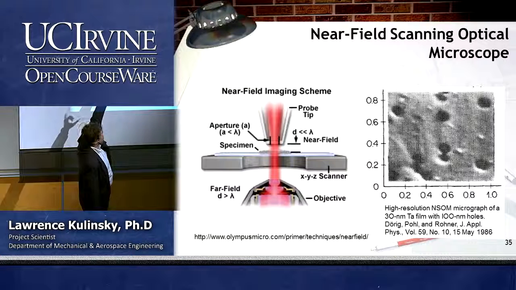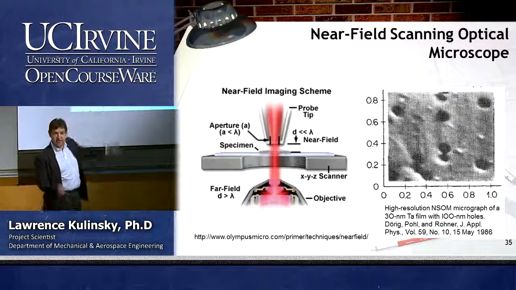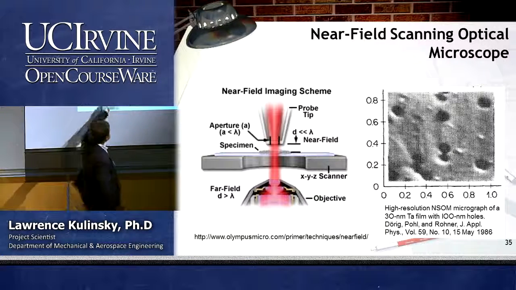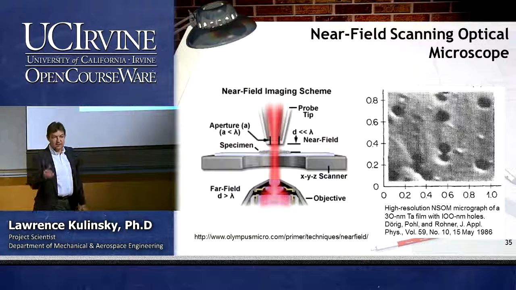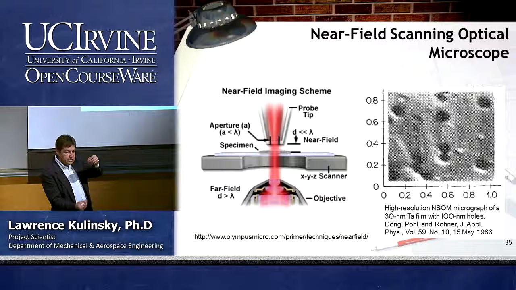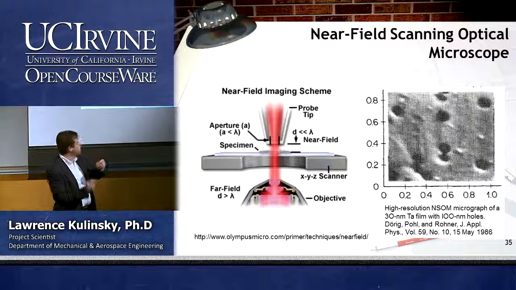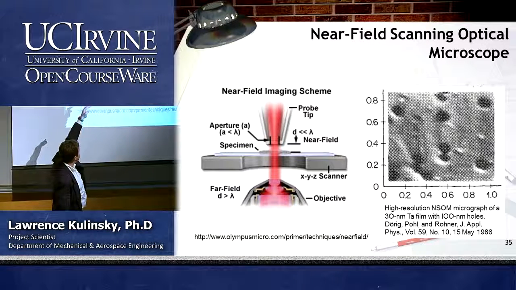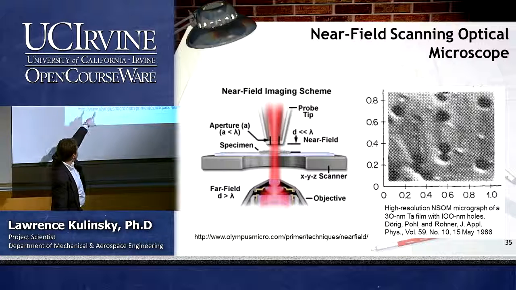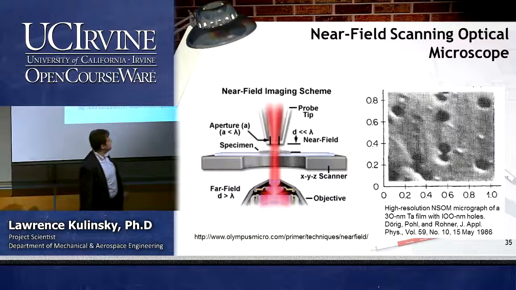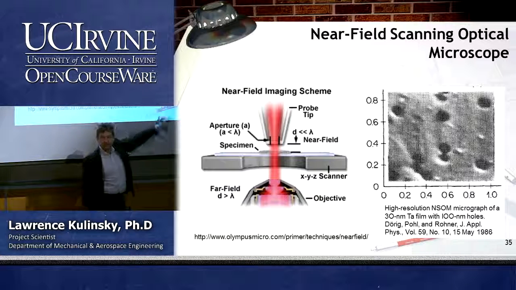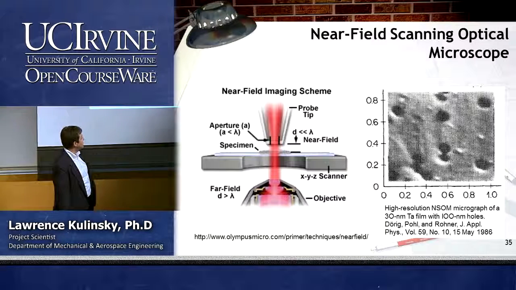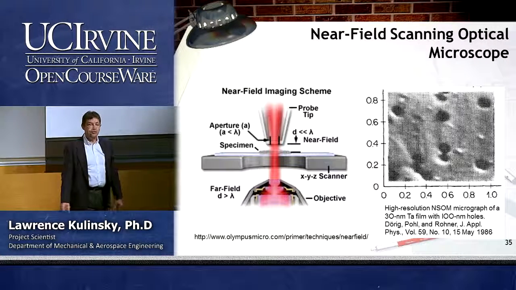So what you have is a tip that contains a waveguide. It's very sharp; the waveguide itself needs to be on the order of nanometers, maybe 30 nanometers. You have a pulled glass fiber with a very sharp tip, and light comes from the tip, goes through your specimen, and is collected by an objective. With high-resolution near-field scanning optical microscopy, you can resolve features of 30 nanometers.